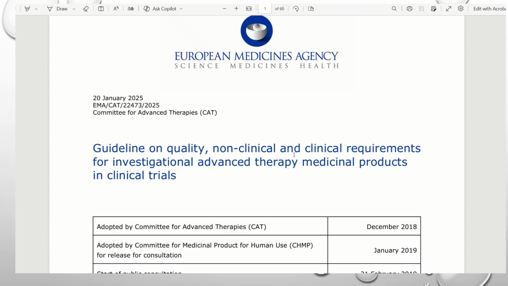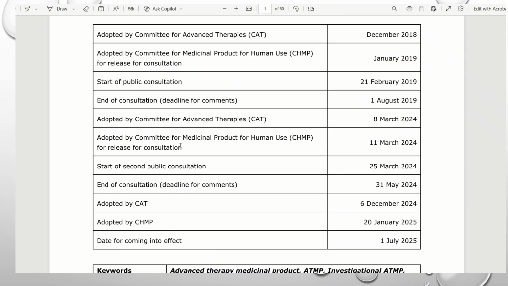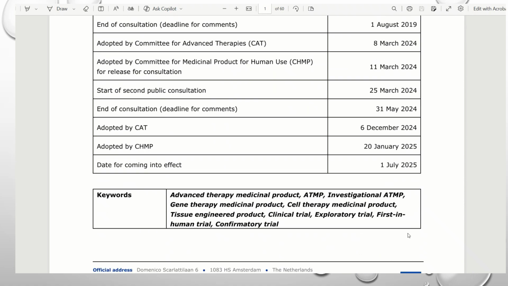It's just a guidance document, remember, because we have to take a risk-based approach to ensure that the information we provide is proportionate and relevant to the type of product we are developing. This guideline on quality, non-clinical and clinical requirements for investigational advanced therapy medicinal products in clinical trials was adopted on the 1st of July 2025.